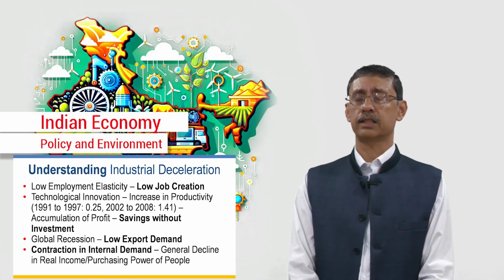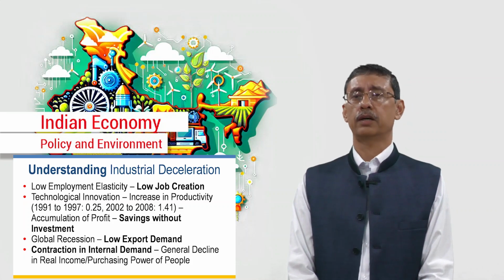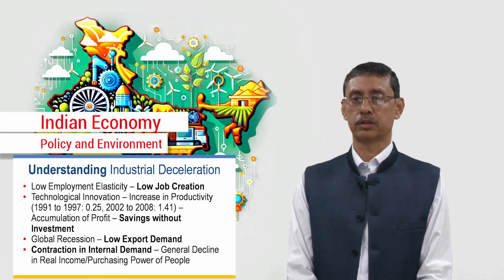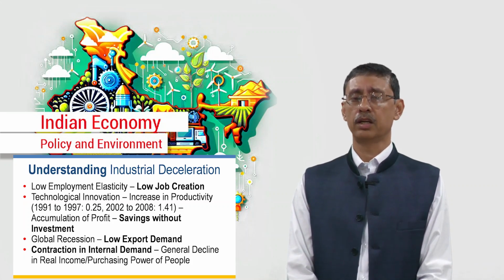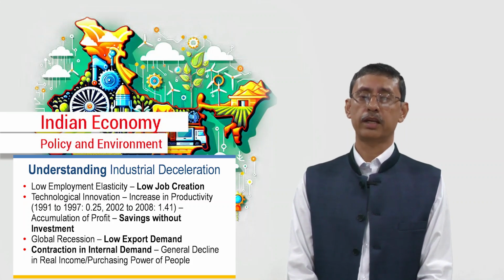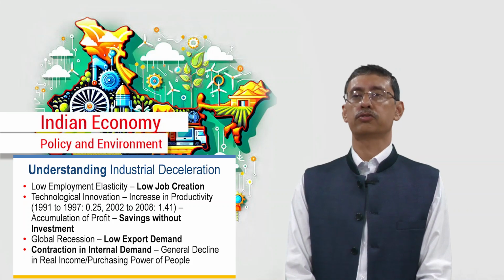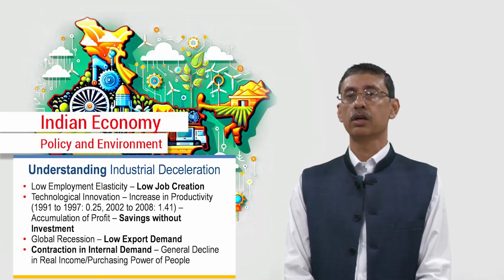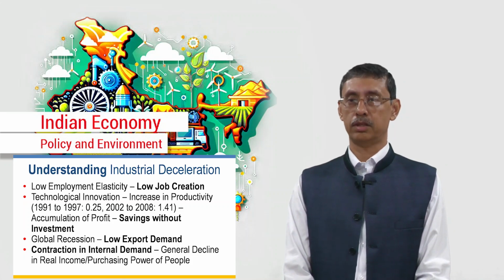Other sectors are seeing surplus labor. It actually provides a suppressing force on the general wage level, and this is one reason that is coming in a very big way. There is a general decline in real income, because of which there is not enough internal demand to sustain the consumer goods sector. Because now, as I have said, the focus or the major part is from the consumer goods sector.